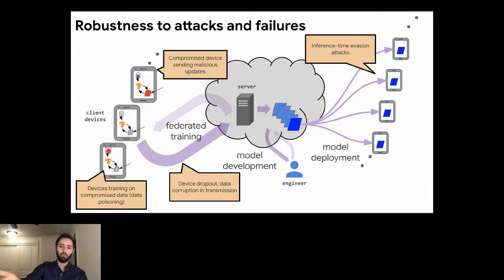Even after deployment, we have these inference time attacks. So how do we come up with a suite of defenses against these attacks? How do we put some knobs in order to make sure that compromised clients are not able to break the system? That's still one of the big remaining open questions in the space. We have some ideas, but we don't have full answers to these questions.